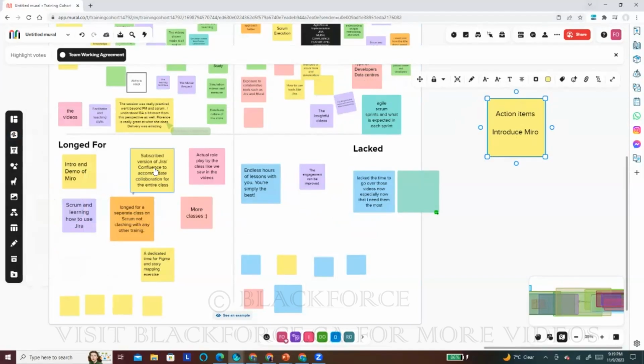Okay, so we'll look at the next item that we have. Subscribe to the paid version of Jira and Confluence. Oh my God, that's a lot, because you're going to be paying per person. I don't even know how much per person is. Maybe when we do the next session where we open a Jira instance, we'll look at the pricing, okay?